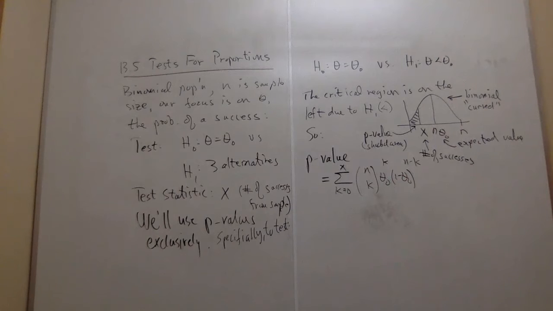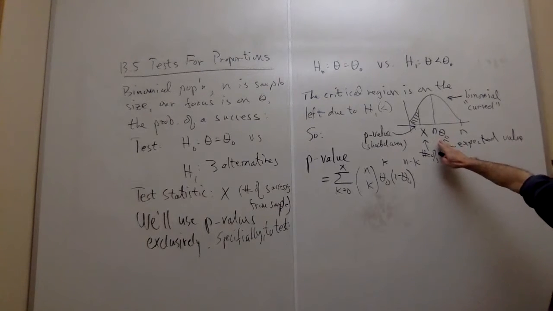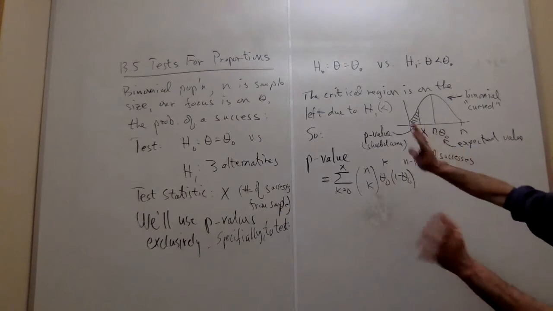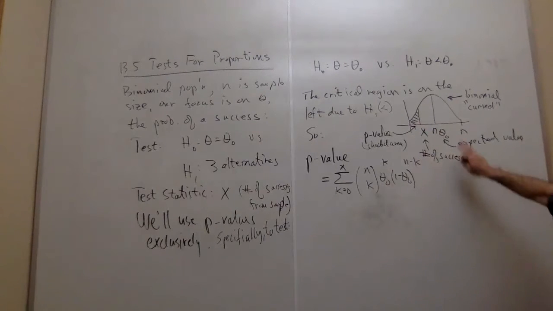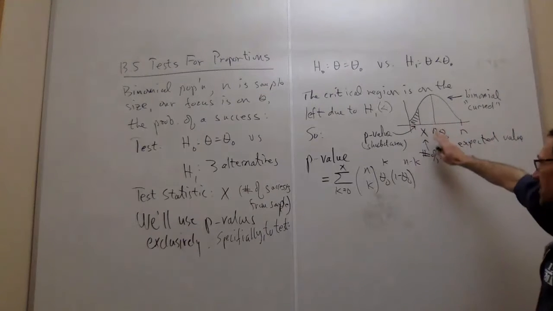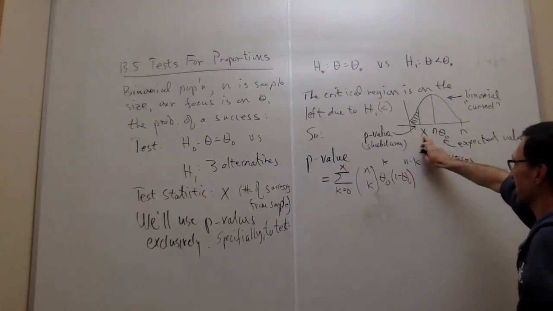So specifically, we want to test theta equals theta 0 against, I just randomly picked, alternate hypothesis theta is less than theta 0. So with that alternate hypothesis, it puts the critical region on the left. You can see the p-value. Here's the expected value. I just drew it in for reference. It's really not a part of what we're doing here. And it's going to be somewhere around the peak. Binomial is not perfectly symmetric, but it's somewhere in the middle. And the p-value, here's our X from our sample.